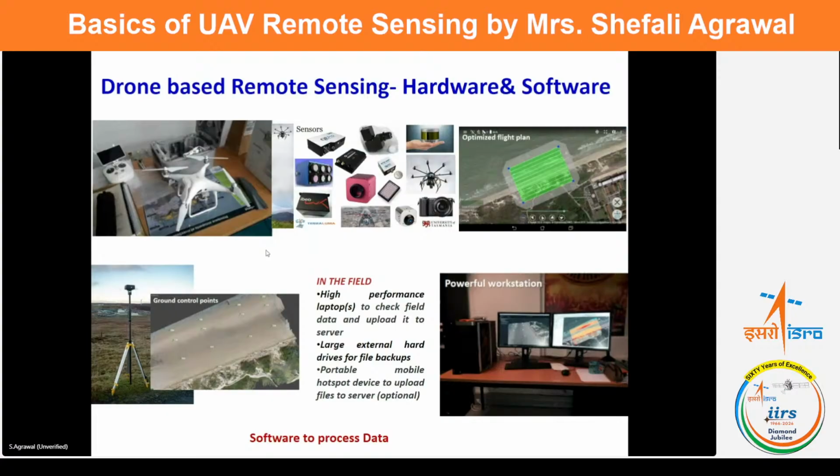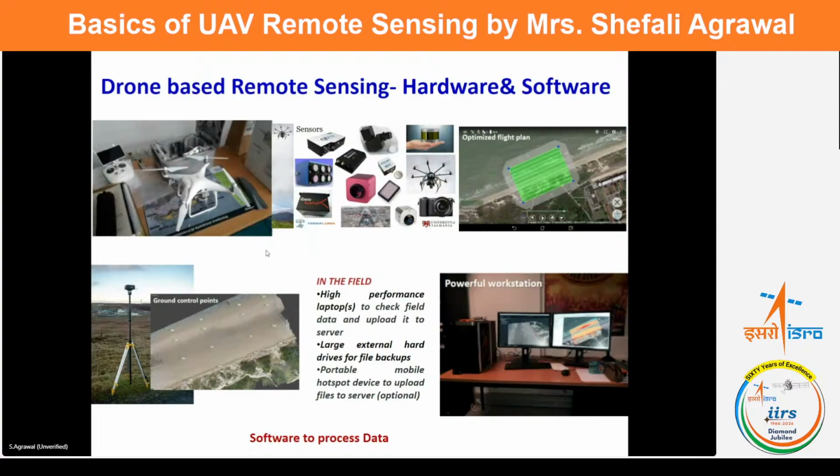Then we need a good GPS. The GPS can be onboard, but when we have an onboard GPS, the weight of the drone increases. So to make it cost effective, you can have a ground-based GPS, and the drones can be without this. One GPS is required for navigating the path of the drone, which is essential.